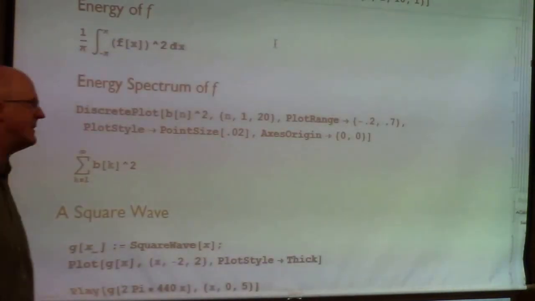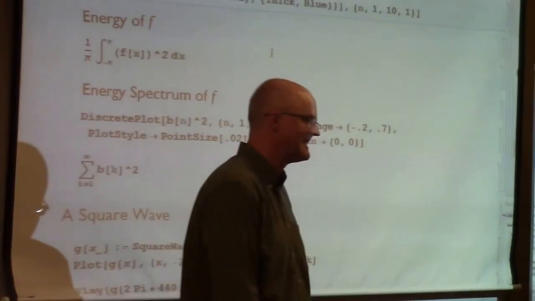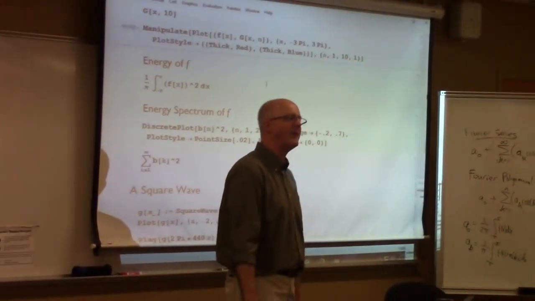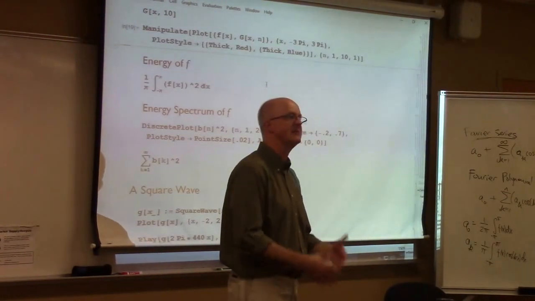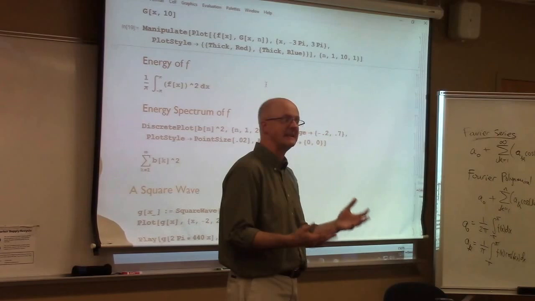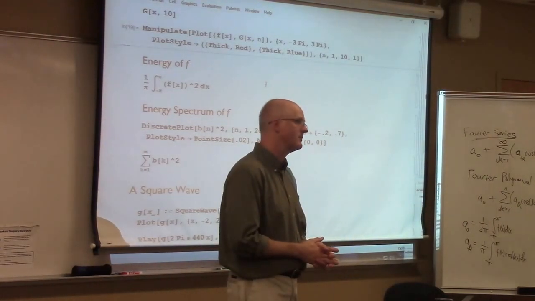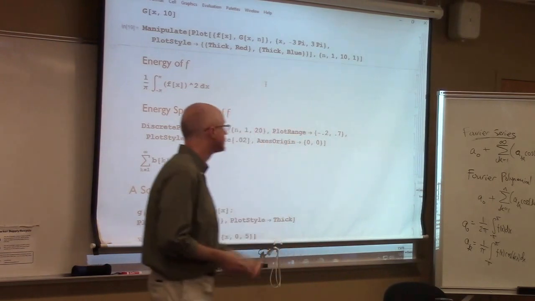Well, you can get into something called the energy spectrum of the function to identify what the major frequencies hidden in this triangular wave are, that you can't see just by looking at the picture. And that is related to the sound that it produces in our ears.